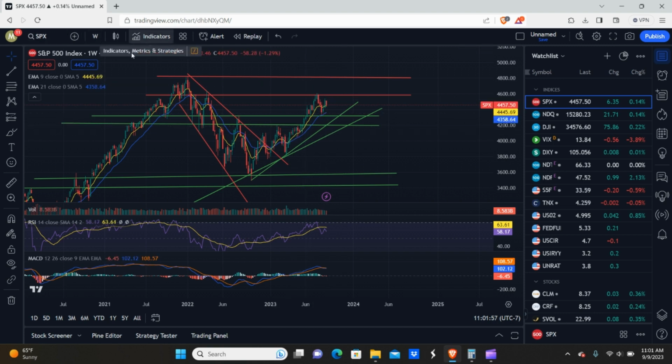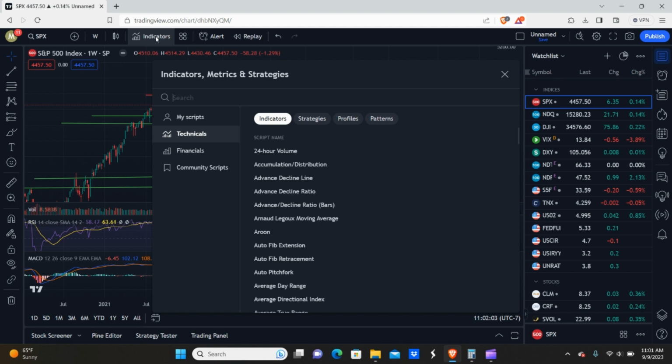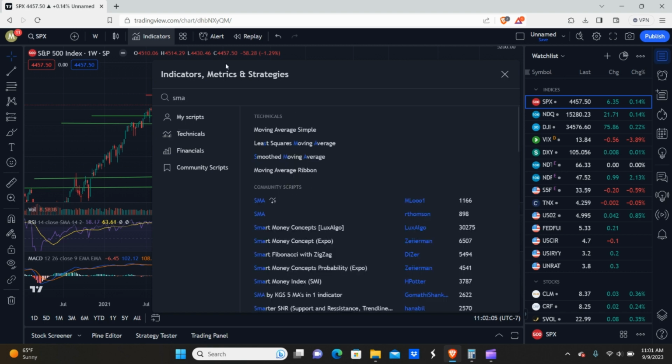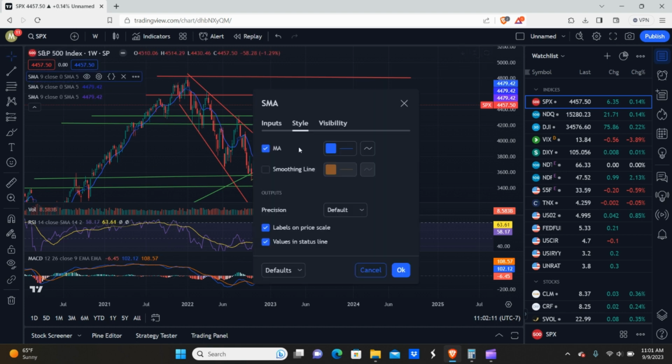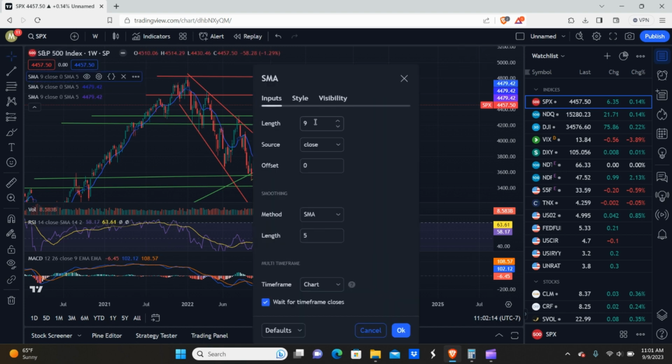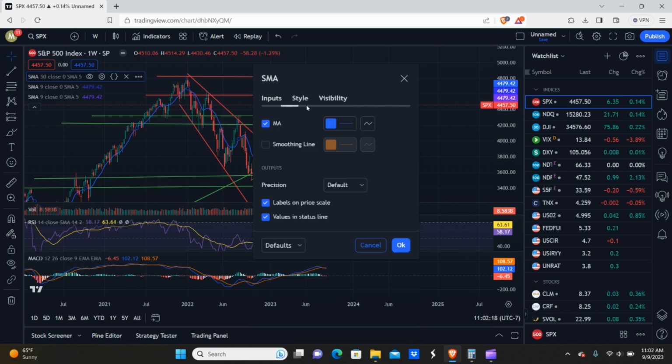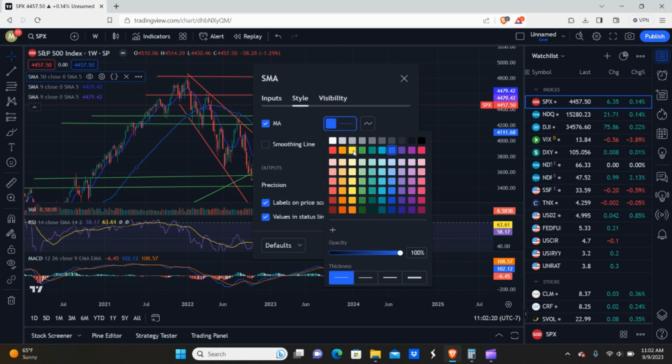Now, I'm going to go ahead and remove these indicators, and I'm going to throw in some different indicators. So we're going to use the simple moving average times 3. We're going to switch the first one to a 50 moving average. We're going to change the color here to gold.